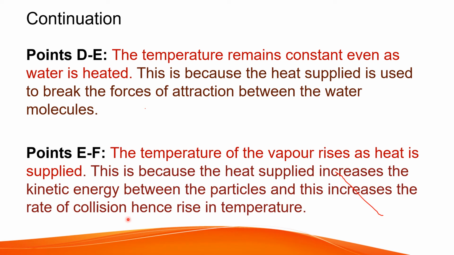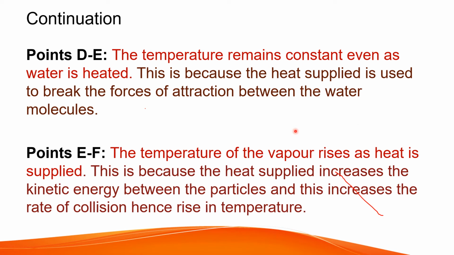And when we heat, we increase the speed of the particles. And when we increase the speed, since they are moving randomly, they'll start colliding. When they collide, they transform their energy from kinetic energy now to thermal energy, and thus the rise in what? Temperature. I hope we are together up to there.